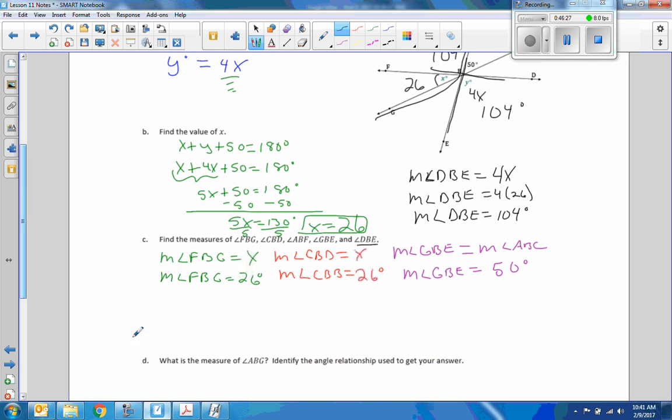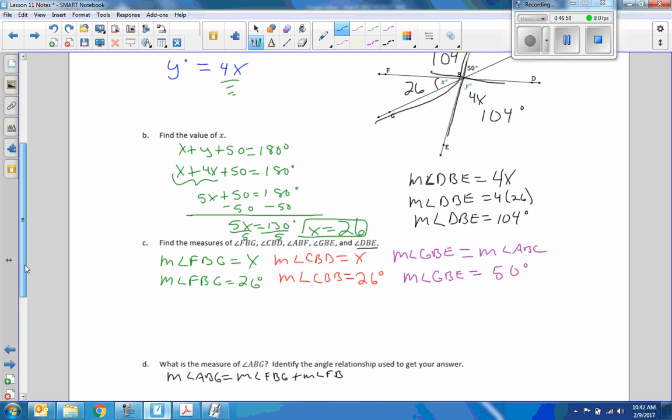So I'm going to say it algebraically first. The measure of angle ABG equals the measure of angle FBG plus the measure of angle FBA.